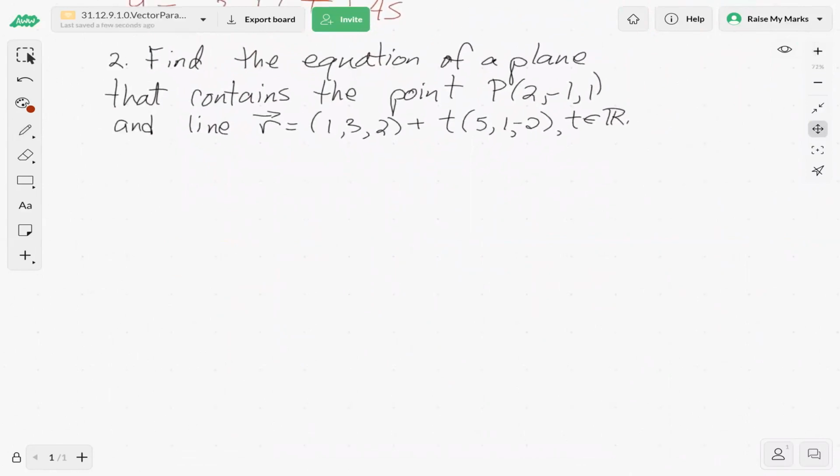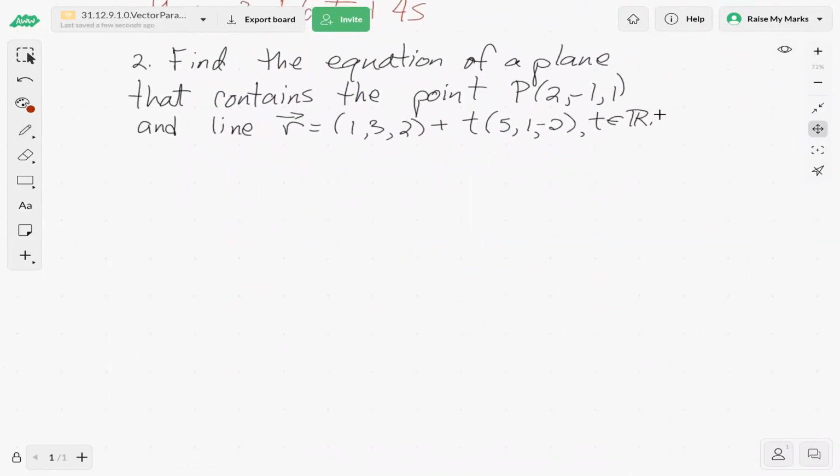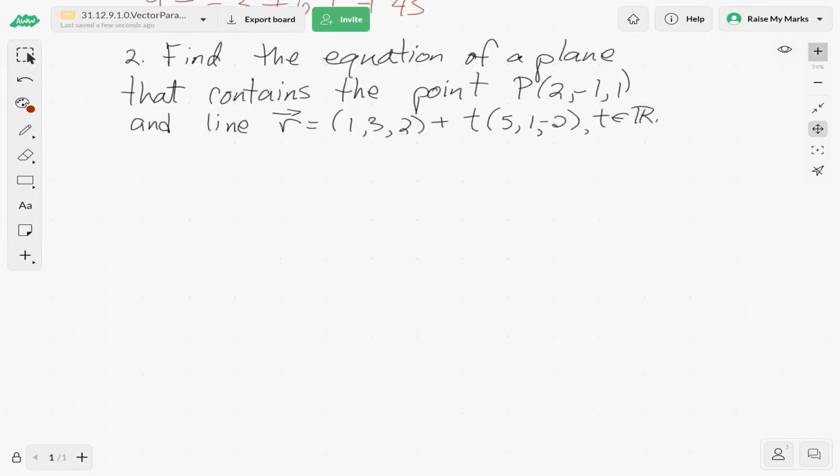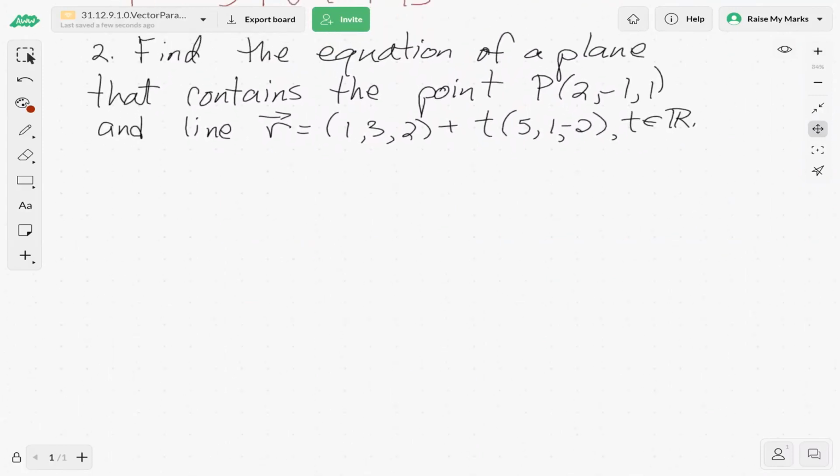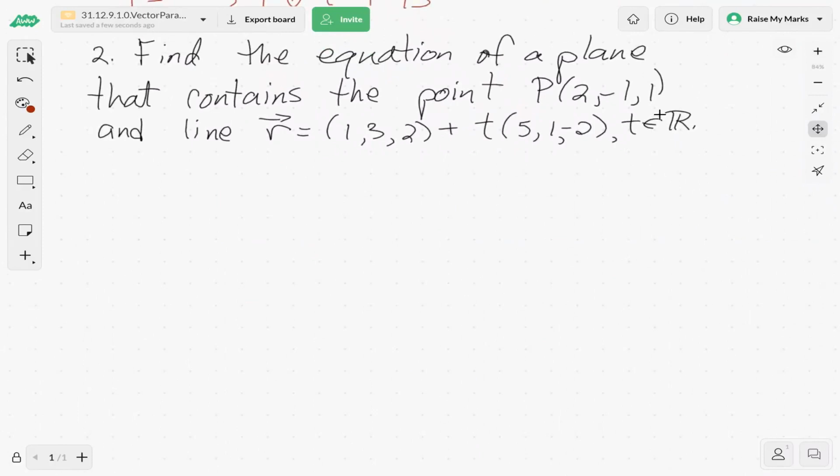Find the equation of a plane that contains the point P and line R. Okay, so this is interesting. We have a point and a line. Let's call the line L. We just have one line, our point and our L. For a plane, we need 2 direction vectors.